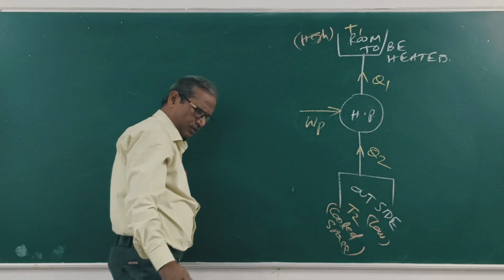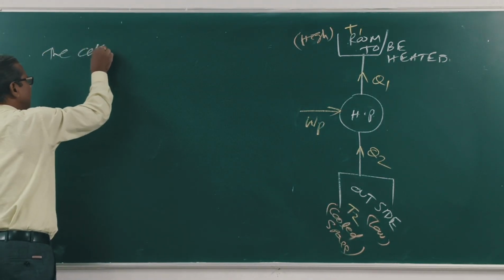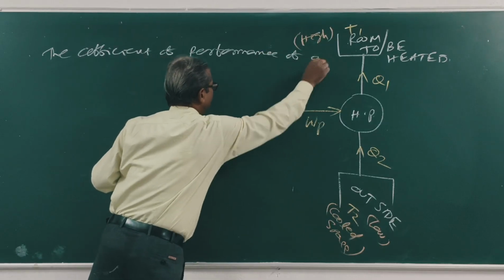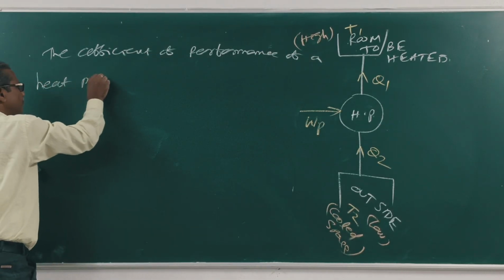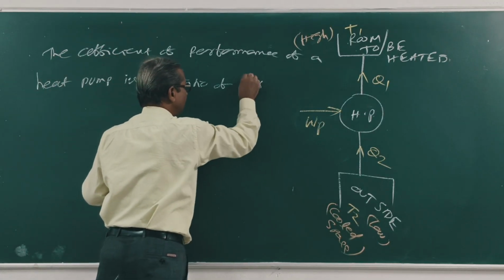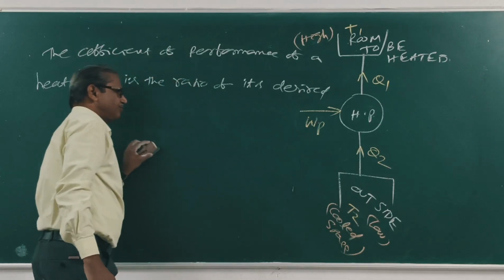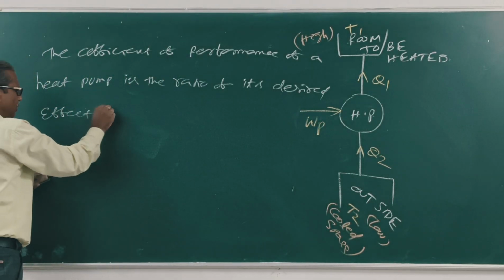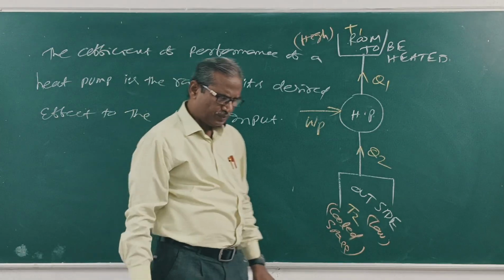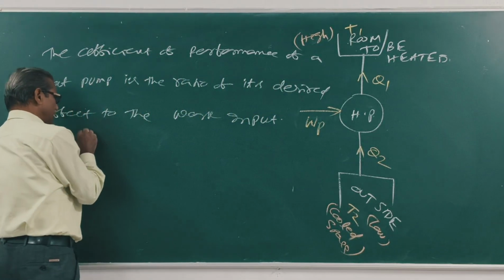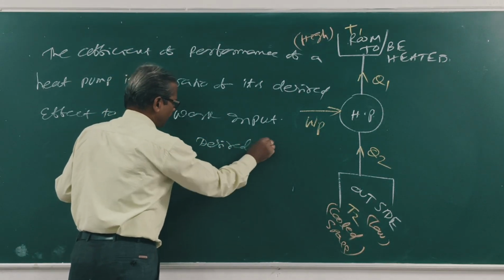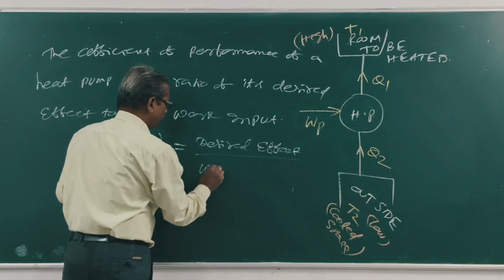The coefficient of performance of a heat pump is the ratio of its desired effect to the work input. Clear? That is, COP of heat pump is equal to desired effect by work input.